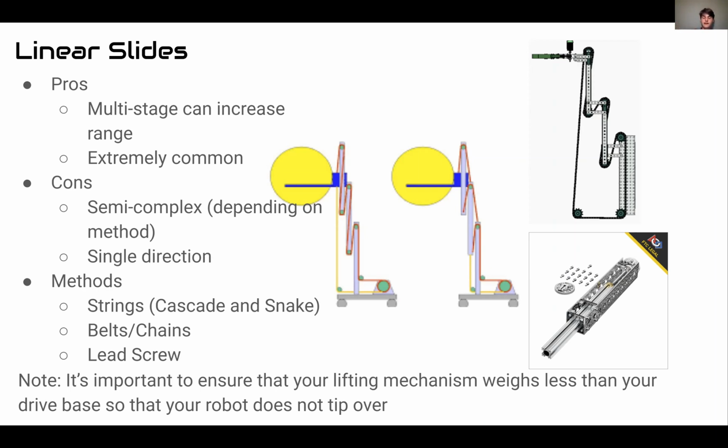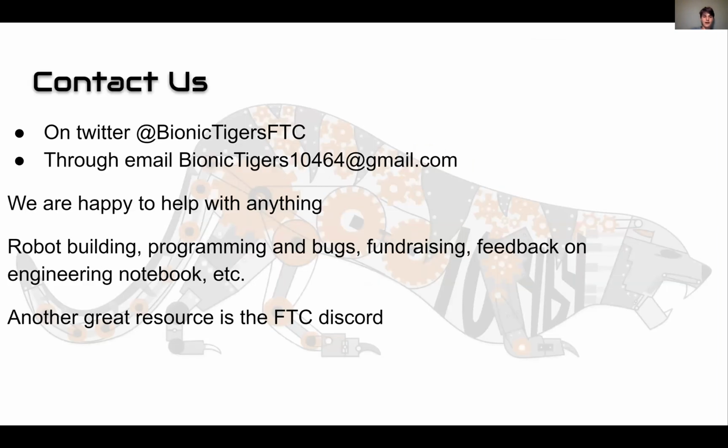On a cascading lift like this, all of the individual stages of the slide are going up with your element. The same goes for your linkage or your chain bar. So you have to make sure you have a heavy enough drive base that when you lift all this stuff up in the air and you start to go forward, your inertia doesn't carry you over and tip you over, which is a mistake that we've made very often.